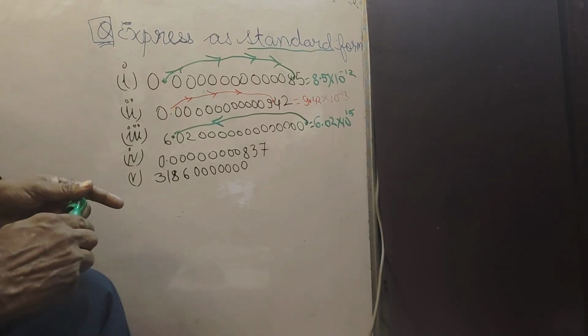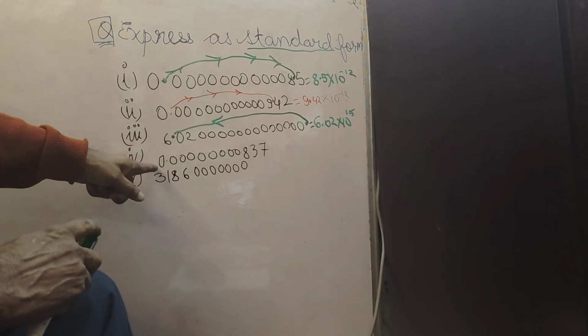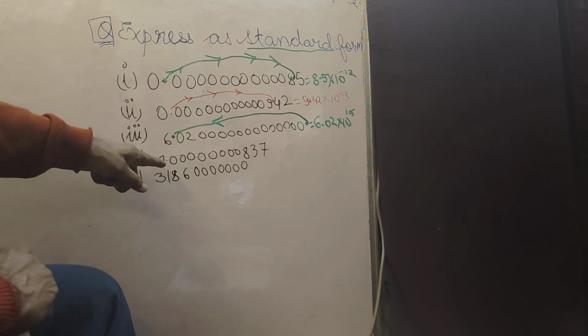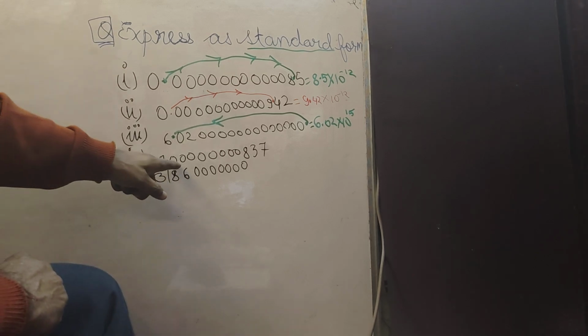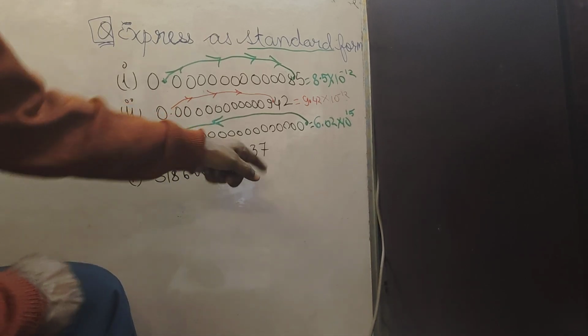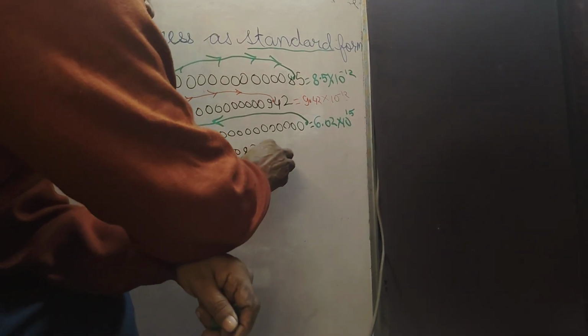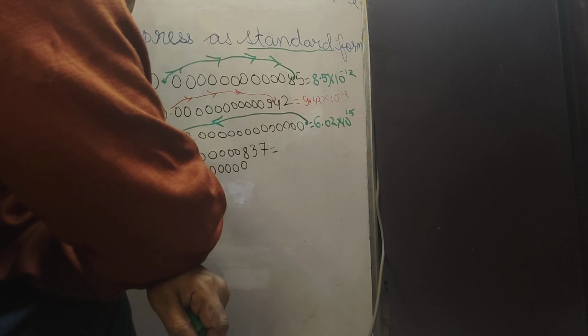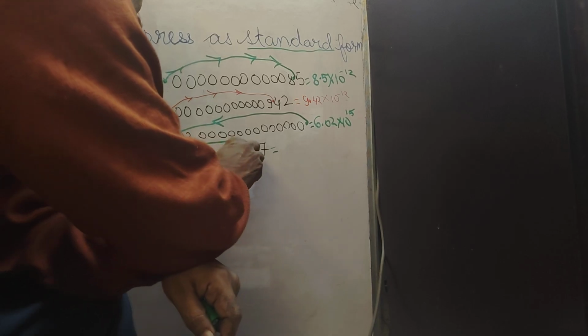Now the fourth one is again a negative exponent because there is a decimal given. 0.00000000837. So this can be represented as we shift from left toward the right side.